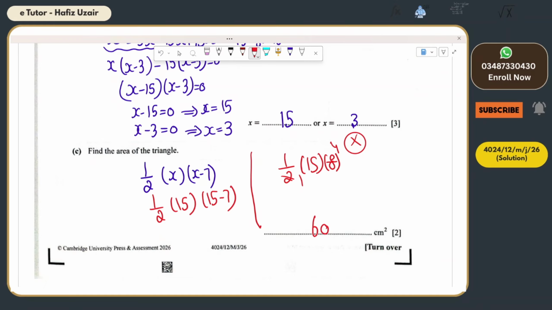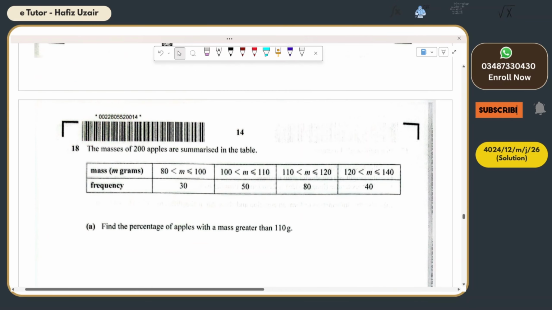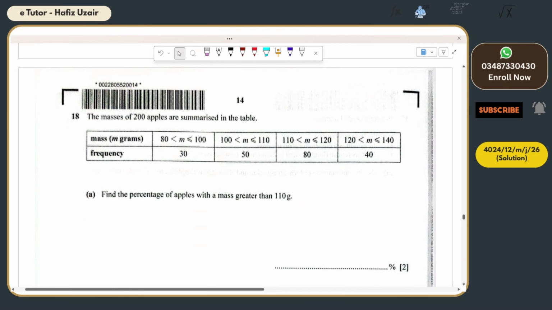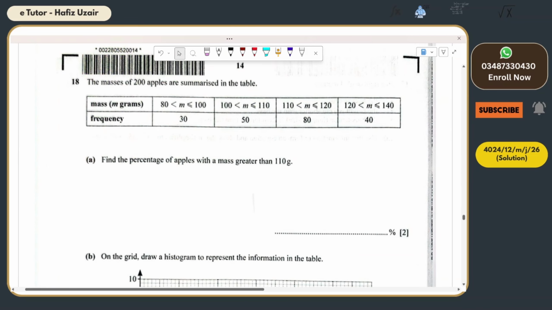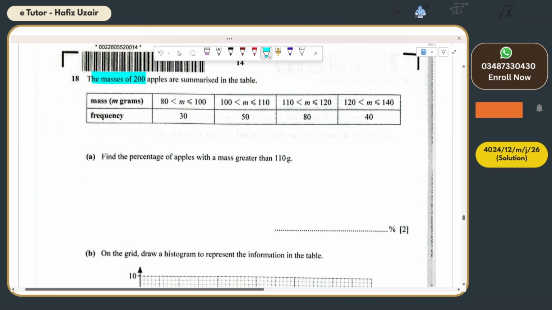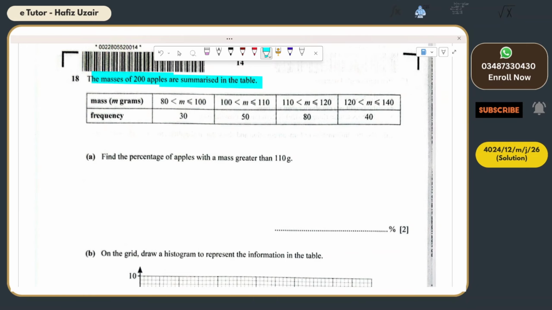All right, so now let's move to the next question, that is question number 18. In this question, you are given the masses of 200 apples. So you have a total of 200 apples. This is the given data. Find the percentage of apples with a mass greater than 110.